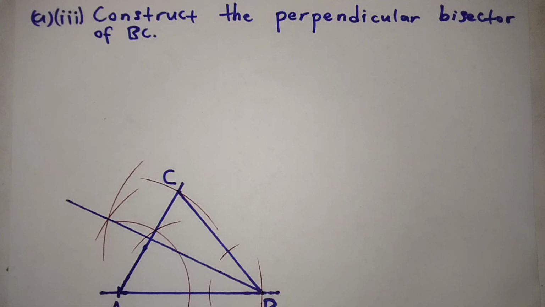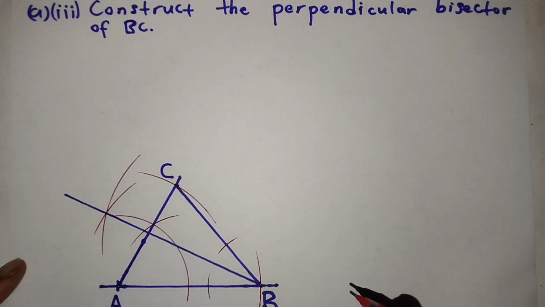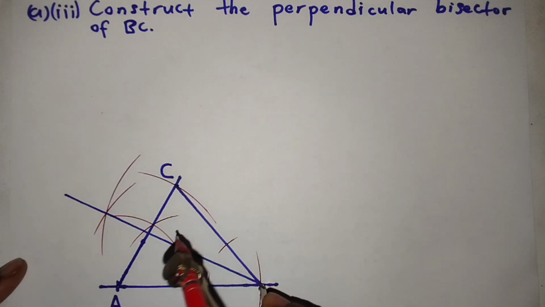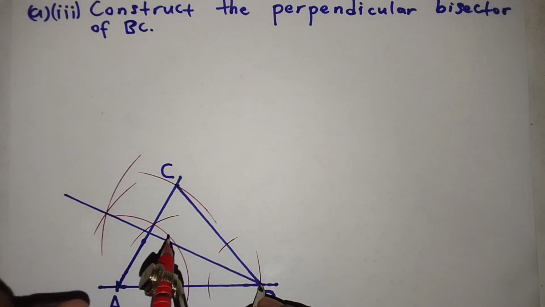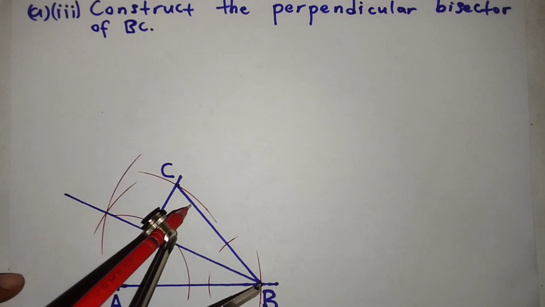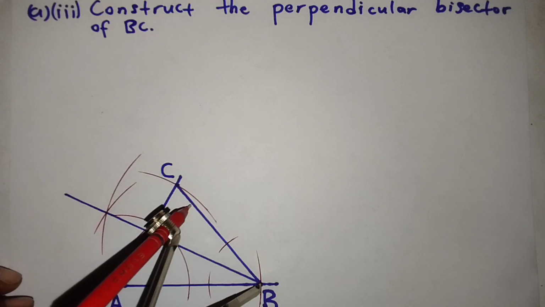Okay, so we open a suitable radius and then choose, let's say B as our center like this. So the suitable radius must be longer than the middle point of BC. As you can see, my radius is greater than the middle point of BC.